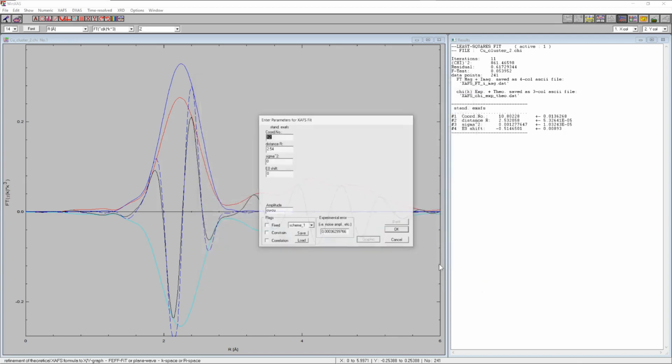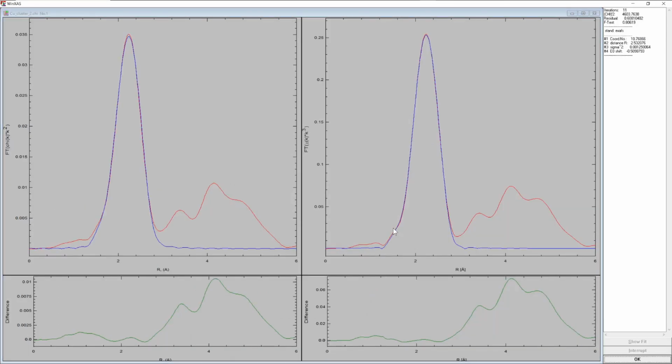So this is now fit. We use the same starting parameters. Okay. And now you see a change in color here, blue and red on both sides. And this indicates that the refinement now has been performed to both of those radial distribution functions, the k-cube weighted chi of k and the k-square weighted chi of k.